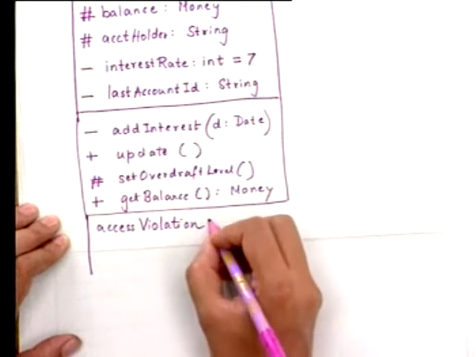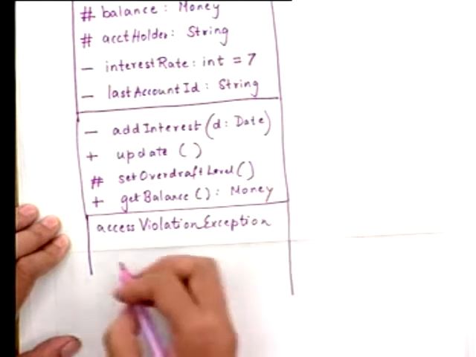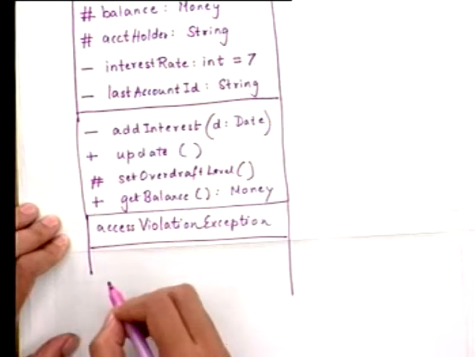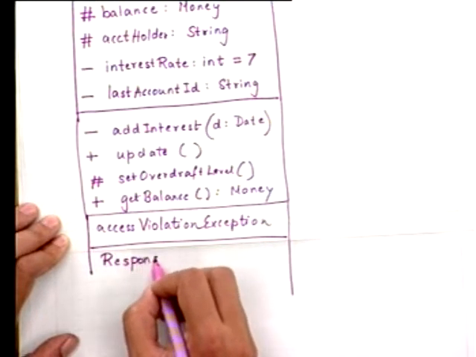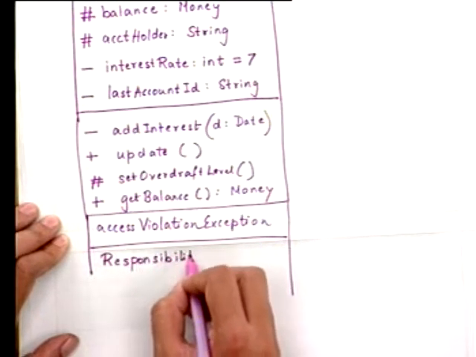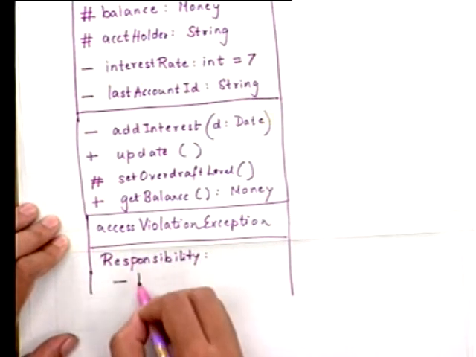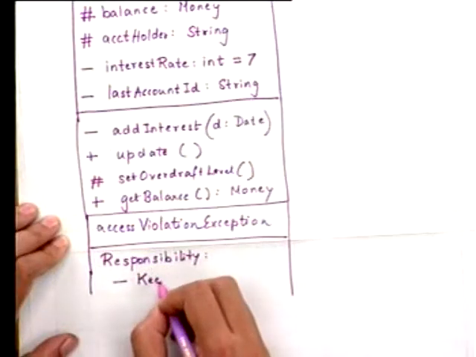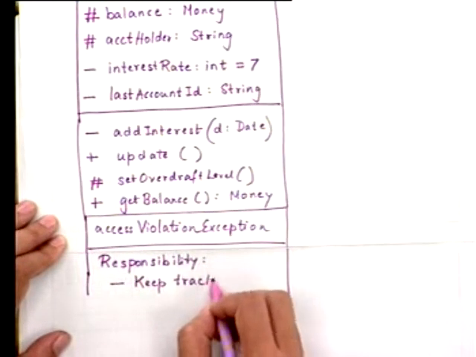So we have an access violation exception which is signaled in this class. And we may have yet other compartments. For example, we can have a compartment for specifying the responsibilities of the class. The responsibility of the class consists of a natural language string. For example, we say that the responsibility is to keep track of the balance.